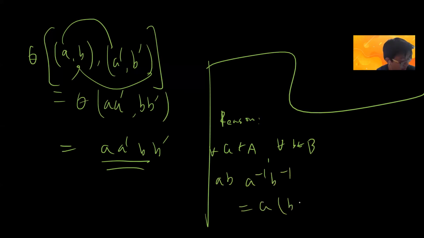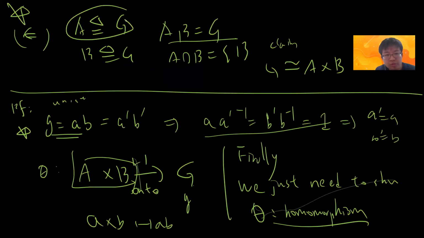Now here comes the magic part: from this up to this, I didn't use that they are normal. I only used these two conditions, and I can already prove that this is onto. But in order to prove this is a homomorphism, I need to use that A and B are normal.